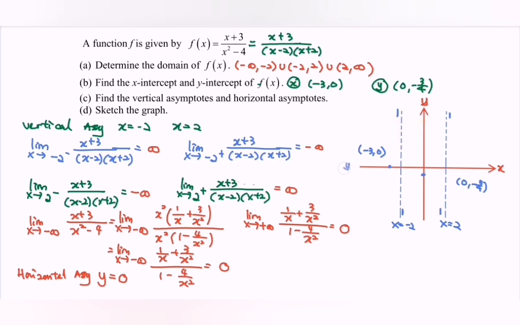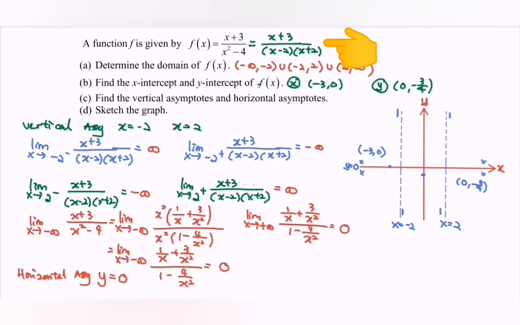So y equals 0, meaning that when x approaches negative infinity, we will have either greater than 0 or less than 0. Same goes to the right-hand side. We will have approaching 0, either greater than 0 or less than 0. So in order to determine which one is the situation, kindly substitute a value of x. For example, negative 100.